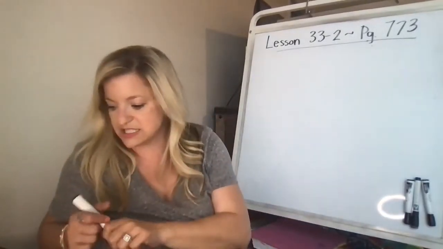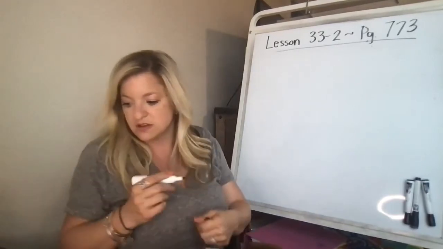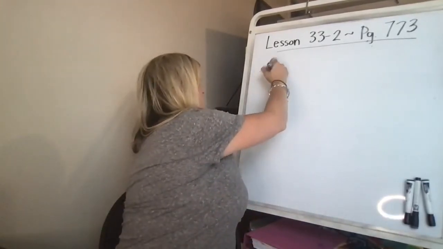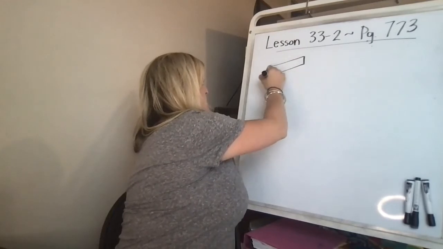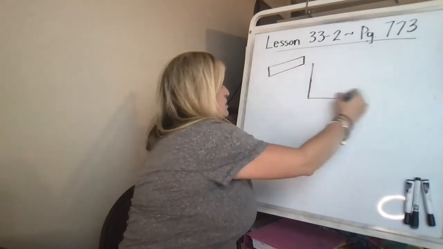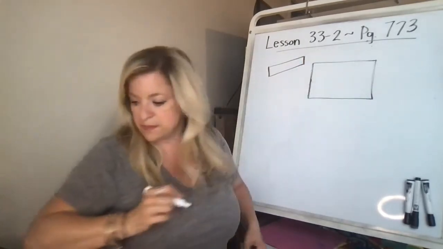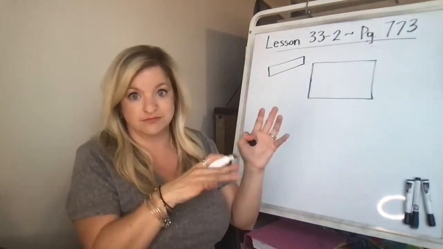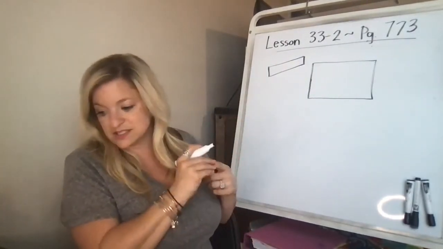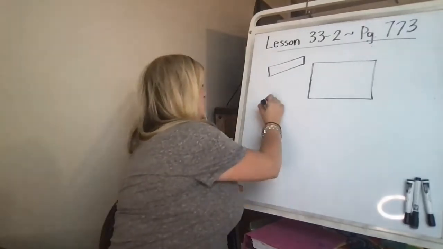Number 6, what is the same about these 2 shapes? Circle. So they give you one rectangle that looks like that, and then they give you one that looks like that. They're tilted though, so I didn't tilt them. But it says circle. So square corners is one option.